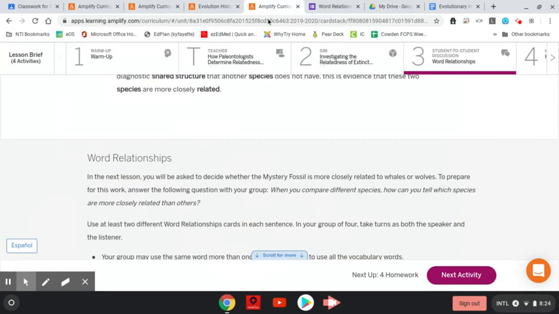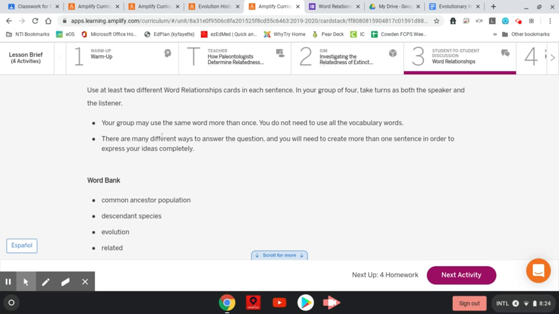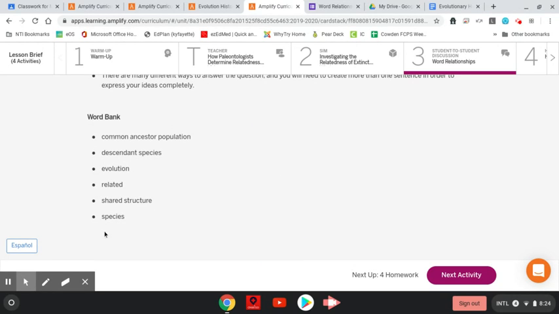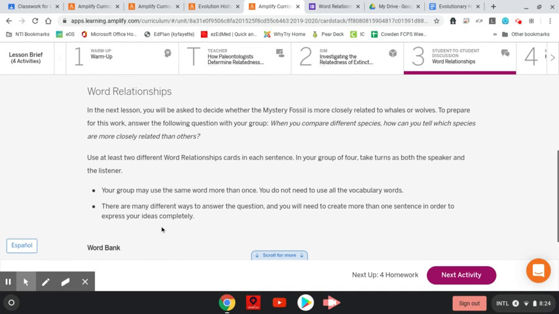Now section 3. She wants you to complete section 3, which is to write a response using these words. So, in the next lesson, you will be asked to decide whether the mystery fossil is more closely related to whales or wolves. Be prepared for this work. Answer the following question with your group.